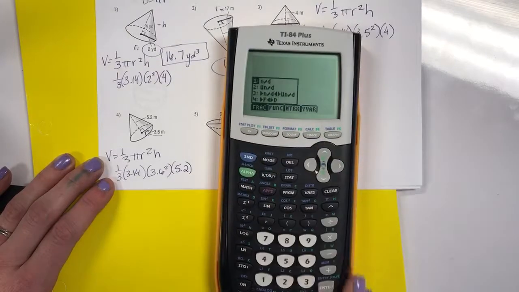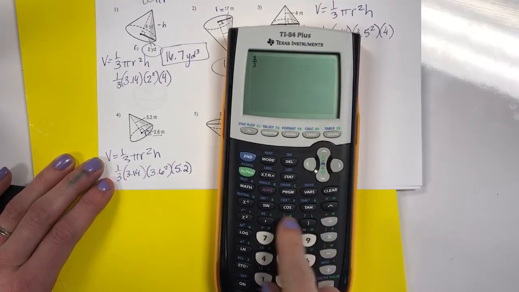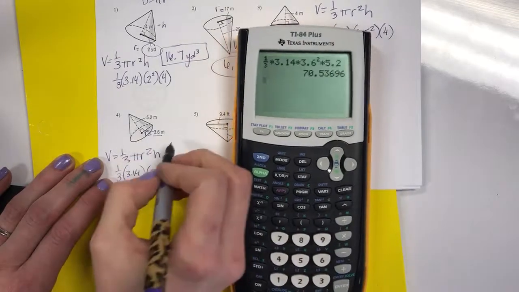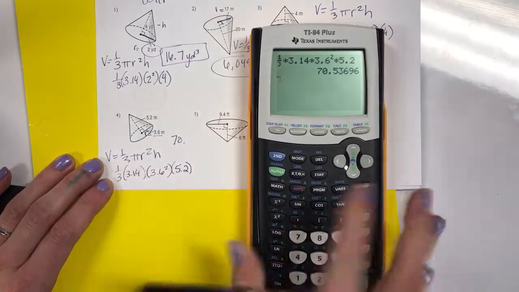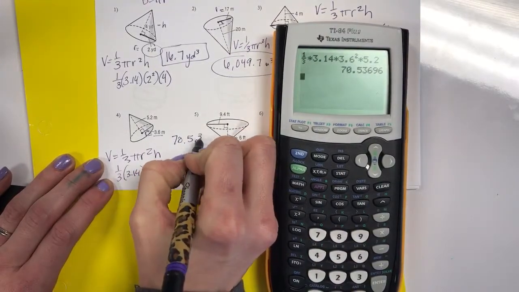So 1/3 times 3.14 times 3.6 squared times 5.2, and that gives me 70.5 meters cubed.